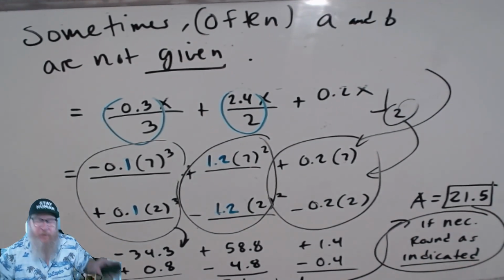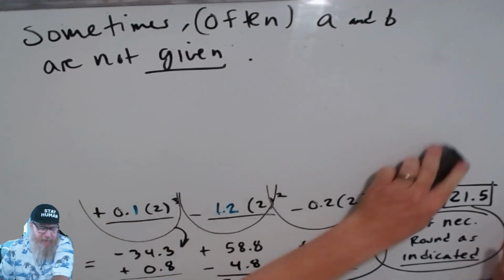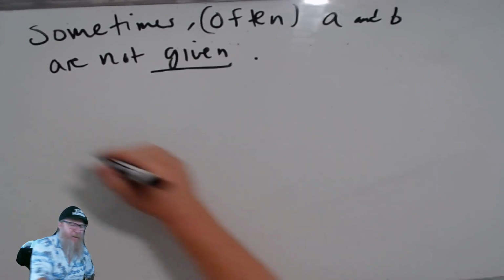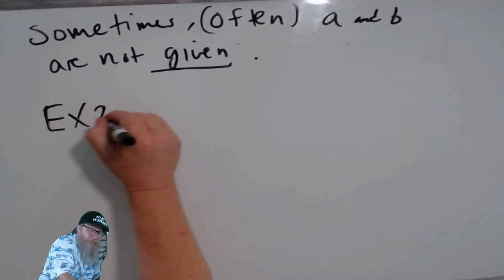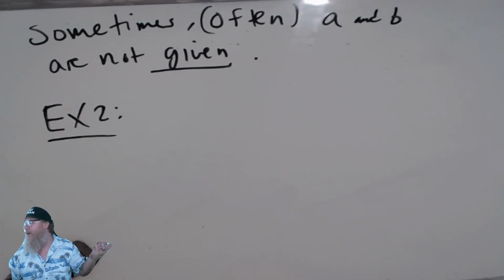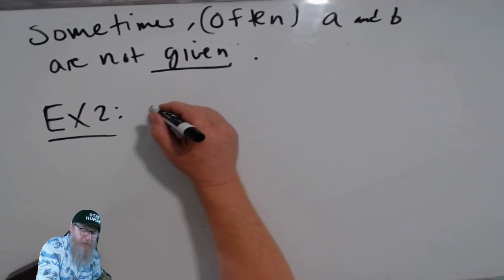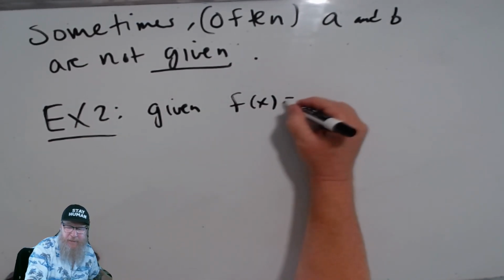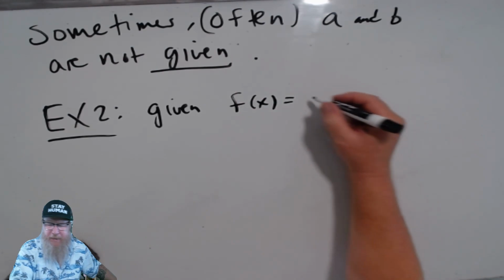Now, I almost forgot to give them to you in example 1, and then I realized, oh, shoot, it's example 1. I have to tell you what A and B are. Well, what about example 2? Where I don't tell you what the upper and lower bounds are. I just give you some functions. And you have to figure out what A and B are.